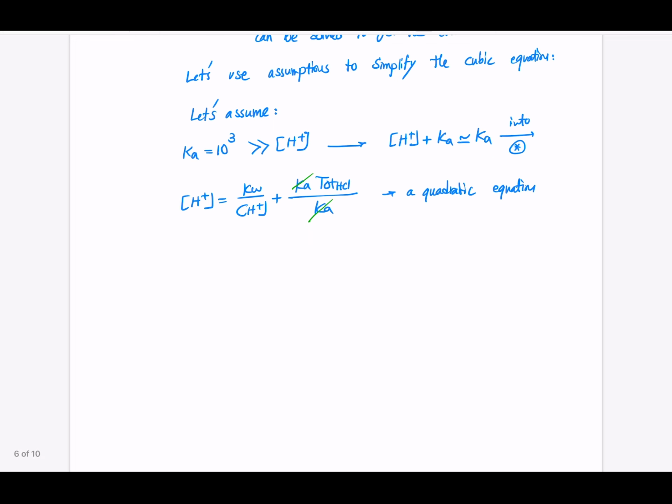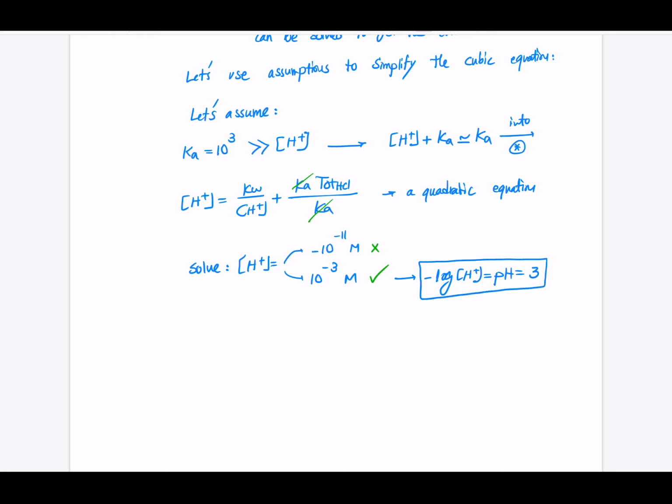And when we solve it, we get the concentration of H plus to be either minus 10 to the minus 11 or 10 to the minus 3 mole. And we know this one doesn't make sense. This one makes sense. Then minus log of H plus, which would be the pH, is equal to 3. And no surprise there.